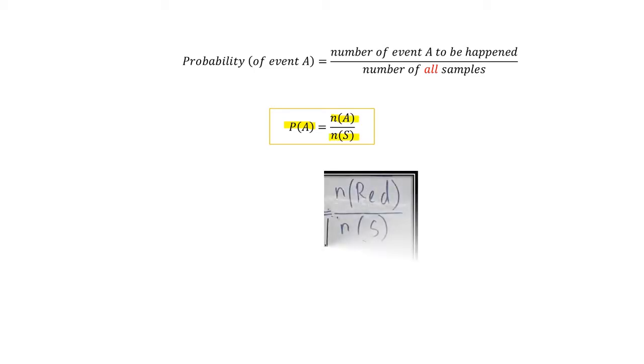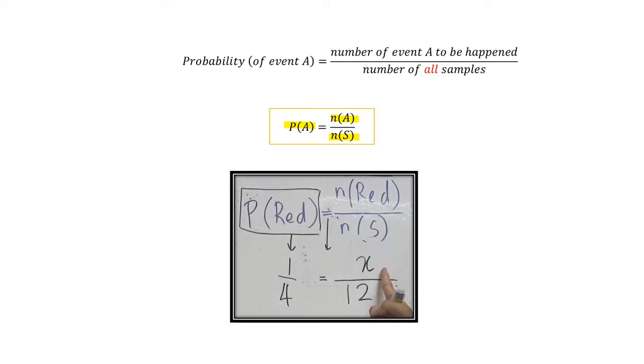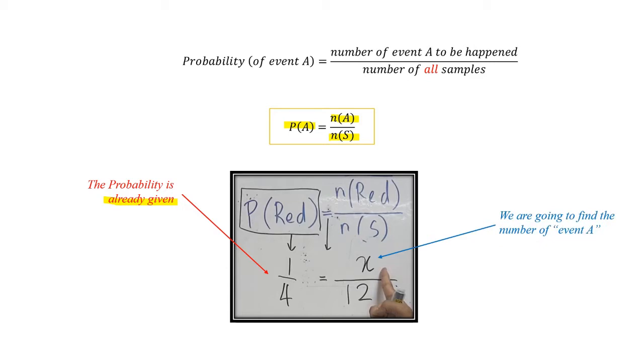For example, in the video, the value of probability is already given, but now we are going to find the value of the number of A, which in the video is the number of red card. The probability of getting a red card is already known, but the number is not known, and below, the total number is already given. So today we are learning about this.